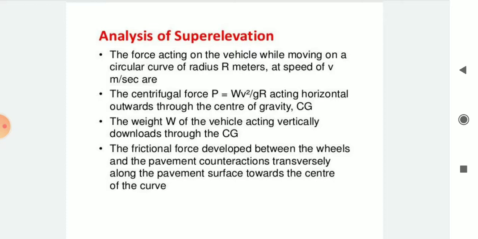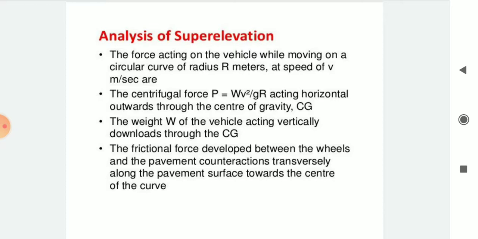The forces acting on the vehicle while moving on a circular curve of radius R meters at a speed of V meter per second are: the centrifugal force P is equal to W V square upon GR acting horizontally through the center of gravity, that is CG. The weight W of the vehicle acts vertically downwards through the center of gravity.